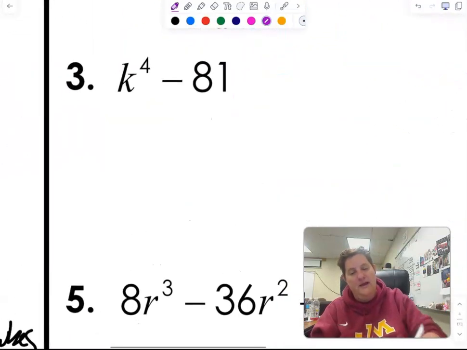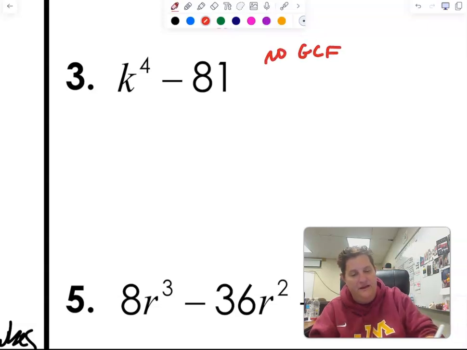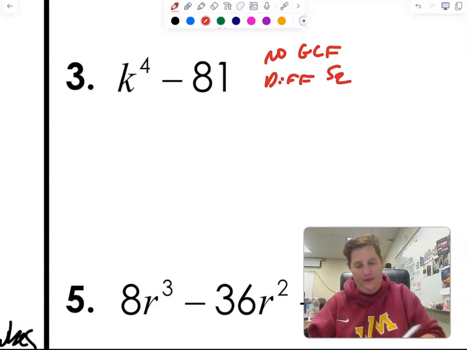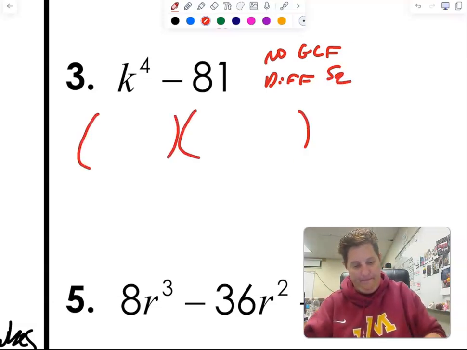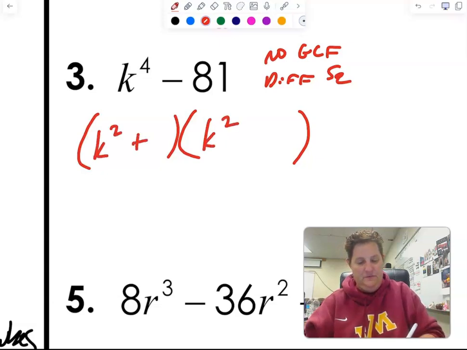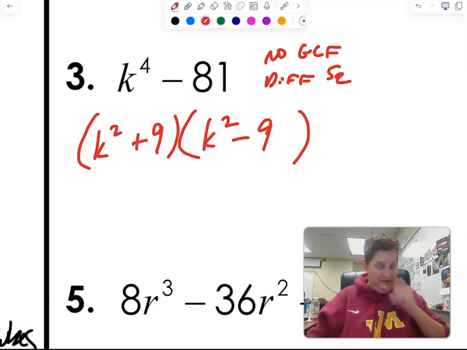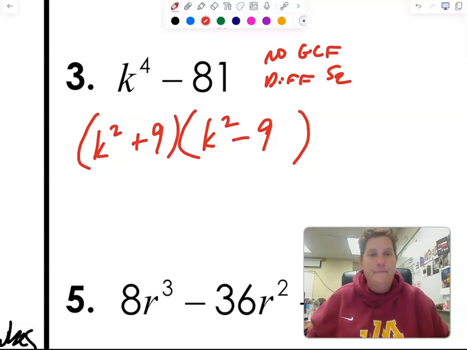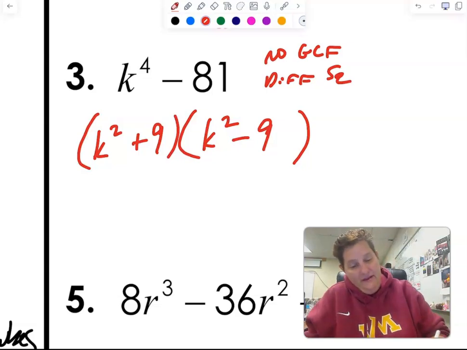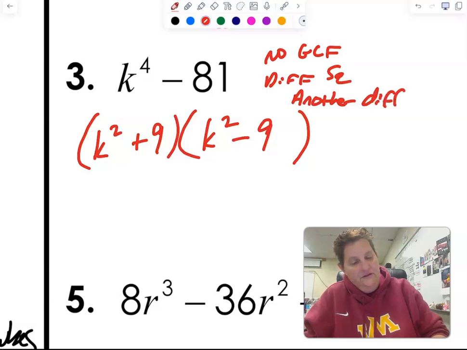Alright, next, this one has no GCF, but there's 2 terms, it's a difference of squares. Alright? And when I do this, it's k squared plus 9, k squared minus 9. Okay? Now, you want to check if there's another difference of squares.